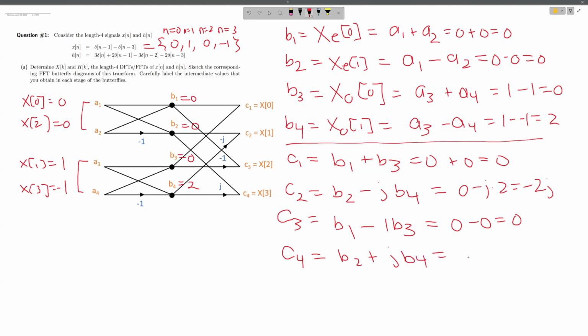So in this case, that would be 0 plus 2J, and that's equal to 2J. So my diagram is complete. This first one here is 0, -2J, 0, and 2J, and this would solve your problem. So I believe that's correct.